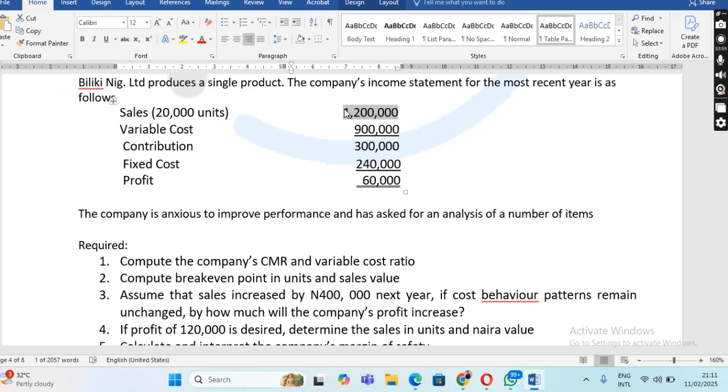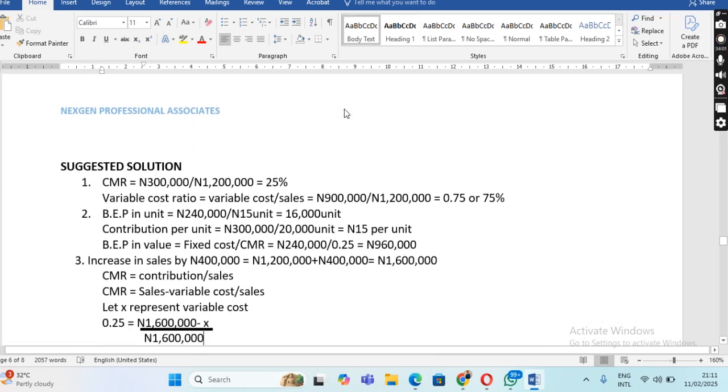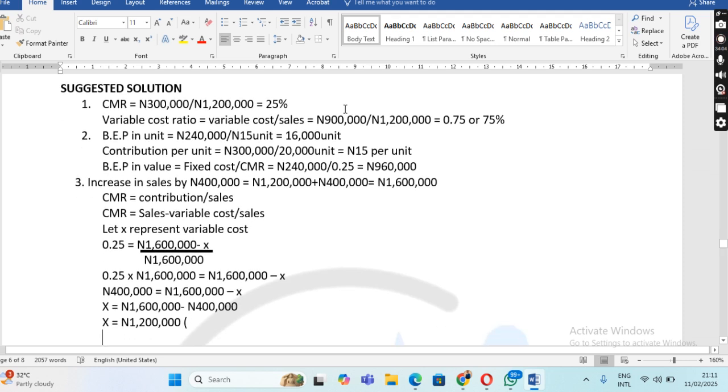Class, your sales varies in line with your variable cost. There is a relationship between your sales and your variable cost. Now, some will say, where is the variable cost? They have a variable cost of 900,000 before. Where is it? We can't see it here. Class, what did you use to get your CMR?